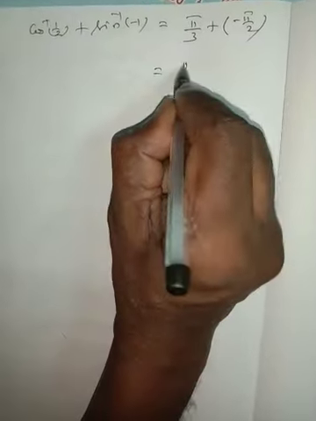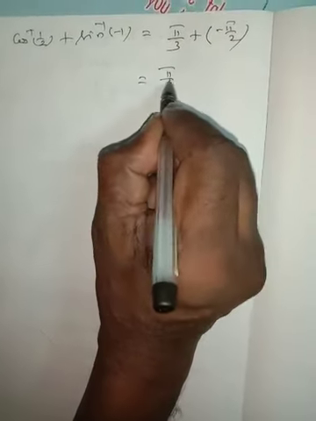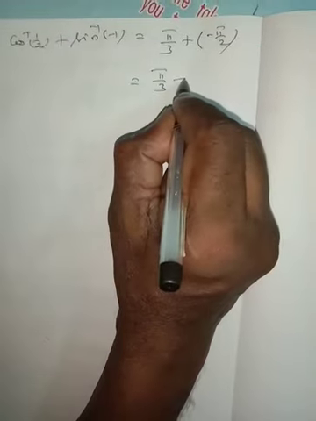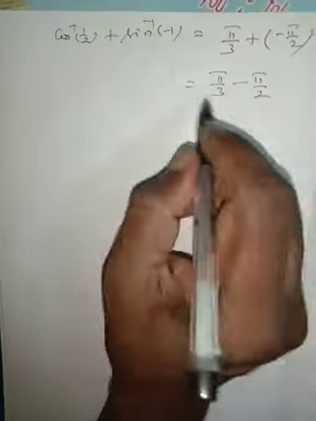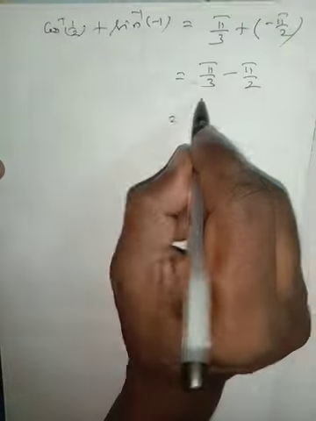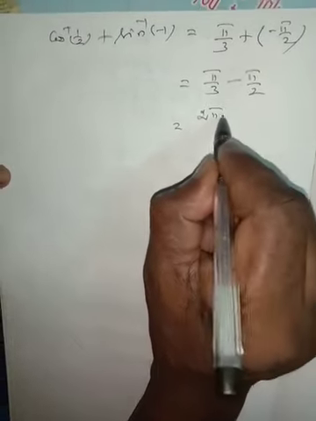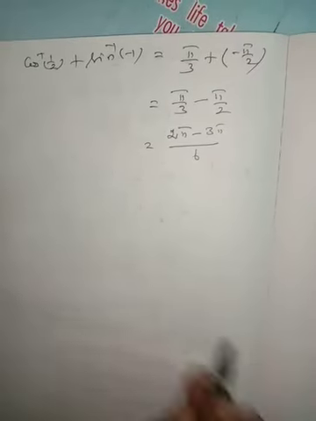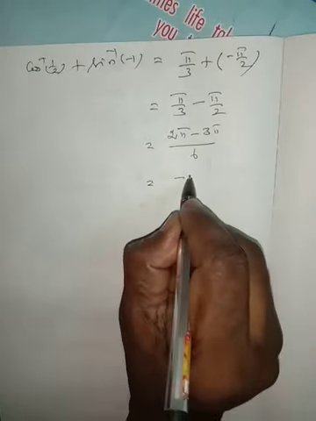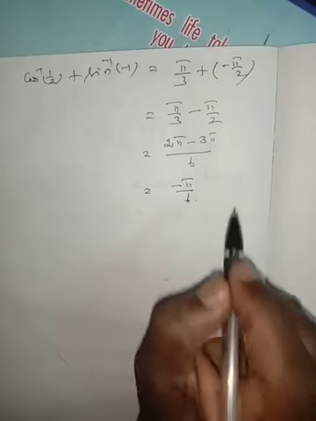Pi by 3 minus pi by 2. Taking LCM, 2 pi minus 3 pi divided by 6 is equal to minus pi by 6.